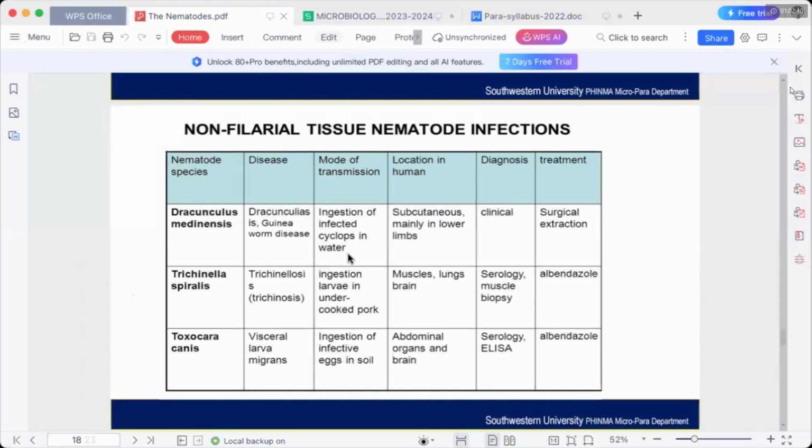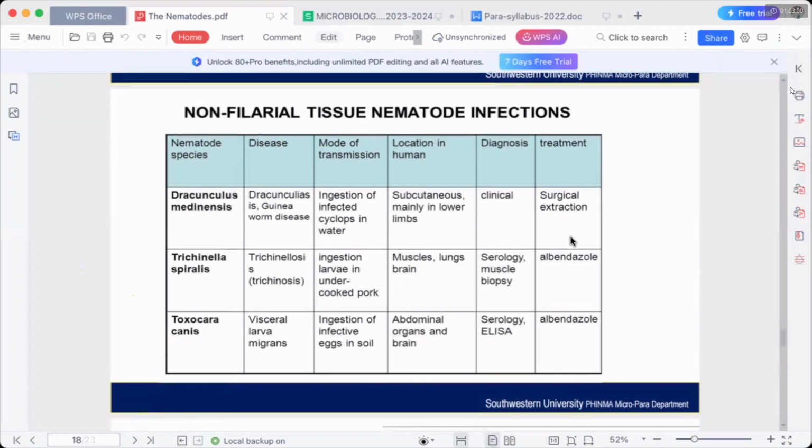The mode of transmission is ingestion of infected cyclops in water. The location is subcutaneous, mainly in the lower limb. The diagnosis is clinical and the treatment is surgical extraction.